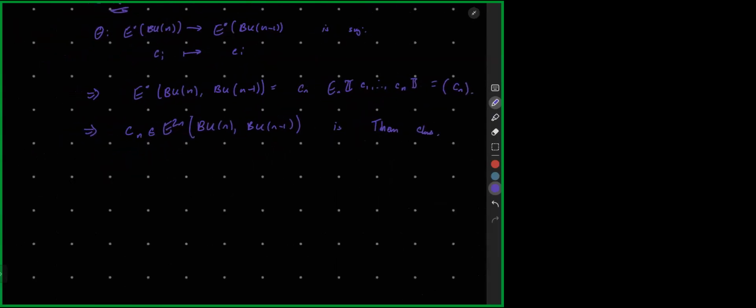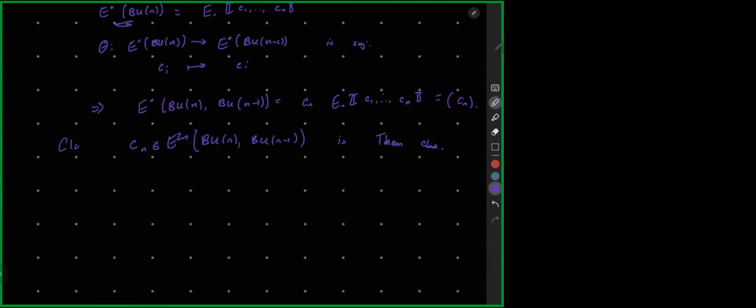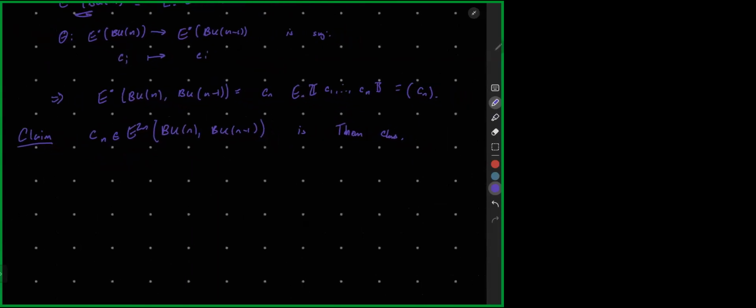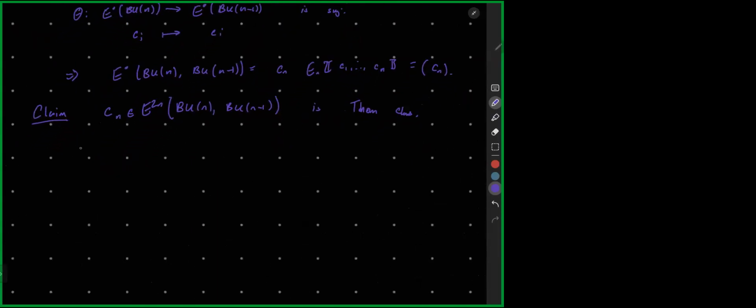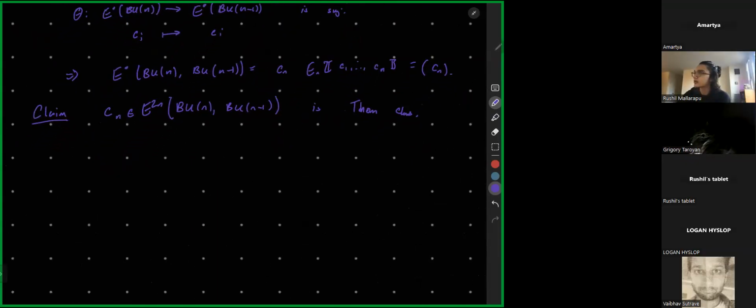Okay. So what happens now is this is the claim here. So then how do you see this?